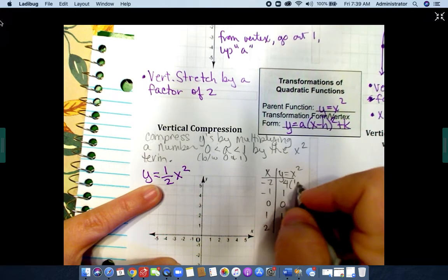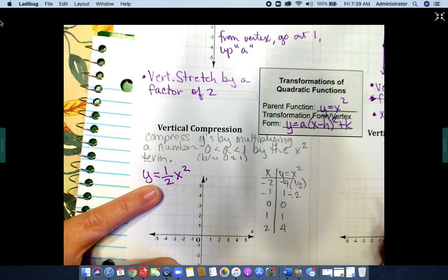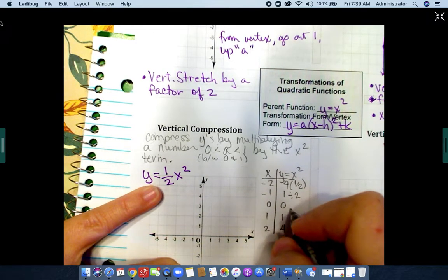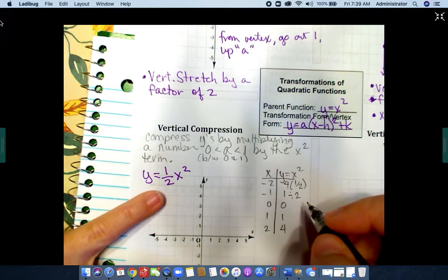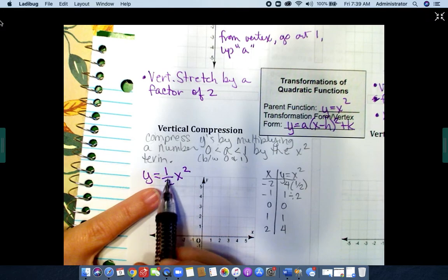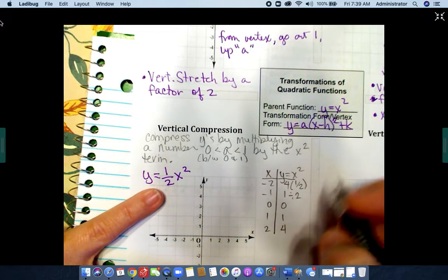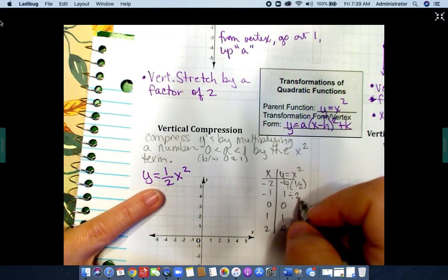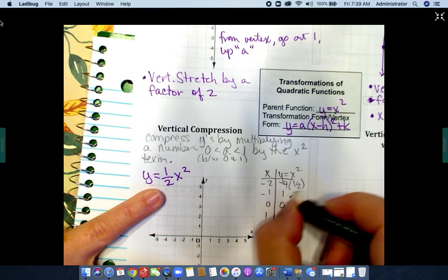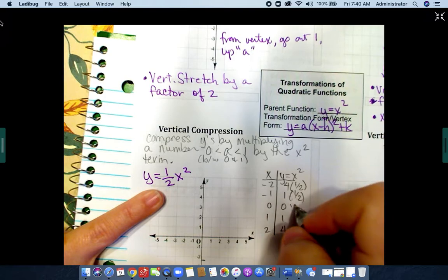If you multiply by a half, isn't that the same thing as dividing by 2? Yes, it is. But we think multiplying by a half, because if, say, this was 2/3, it just gets kind of funky to divide. So in your head, think: that's the same thing as dividing by 2.